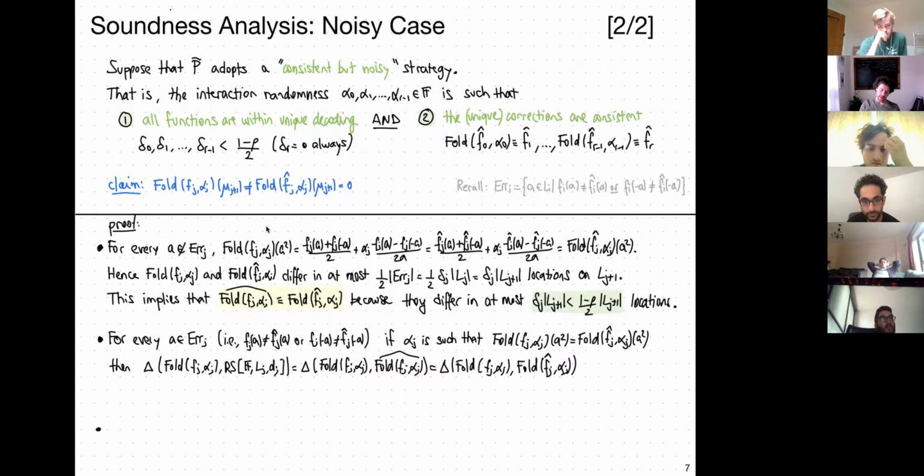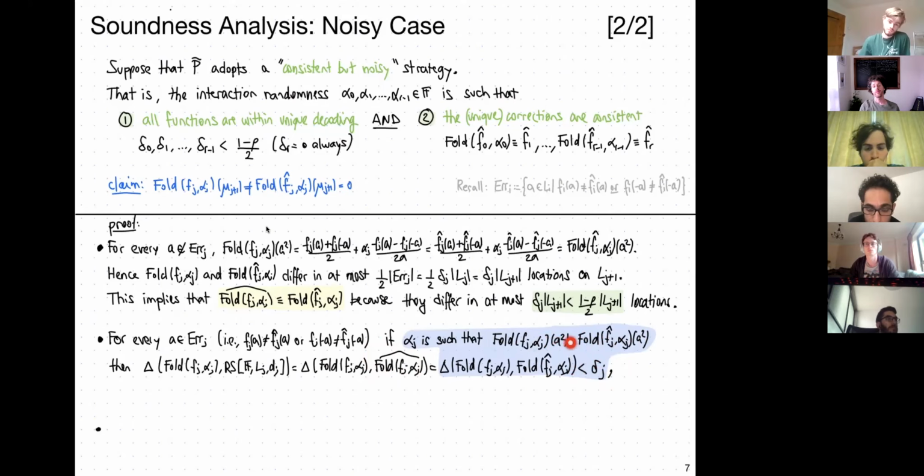And then we know that the distance must be less than delta, because it means that there exists a point where we actually don't get an error. So the distance is no longer delta as it was before, but rather we at least lost one point where we had correction. But now something is wrong.